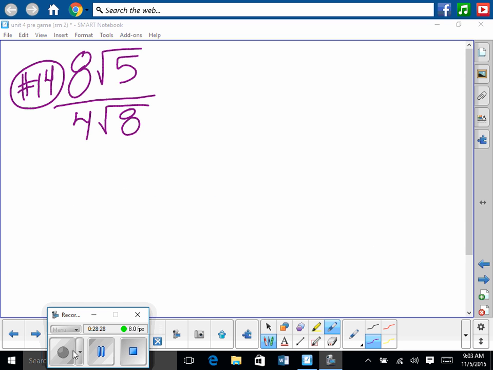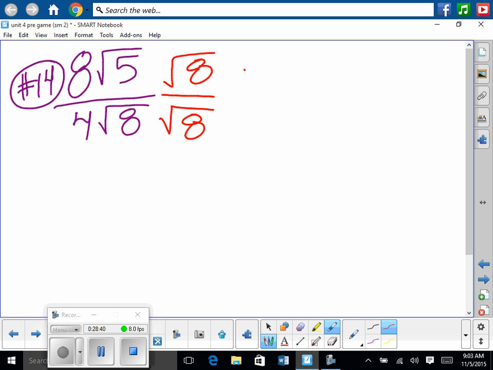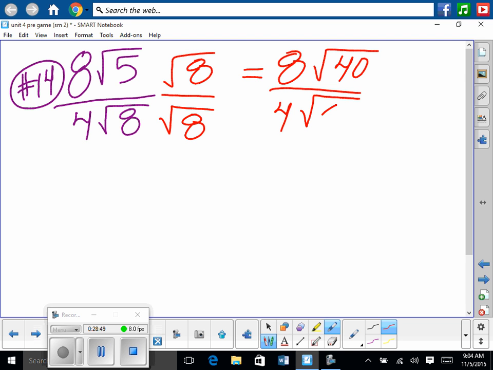Looking at this one, I would go about it a totally different way than most of you, but that's okay. I'll go the way that you guys are going. So most of you just started here. You did the square root of 8 over the square root of 8, yeah? So on top, we have 8 square roots of 40 over 4 times the square root of 64.